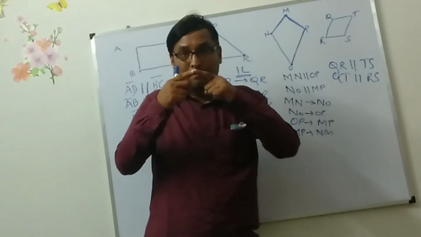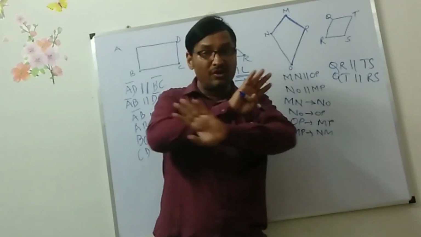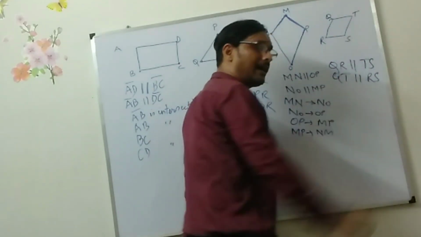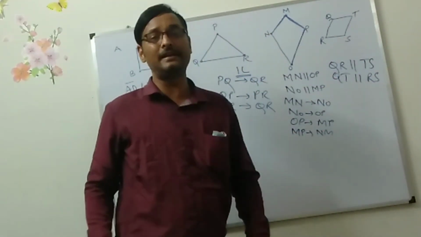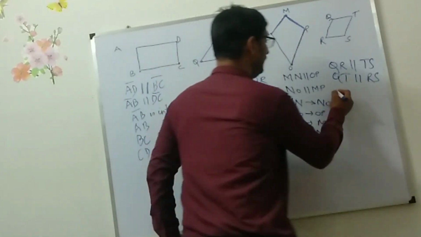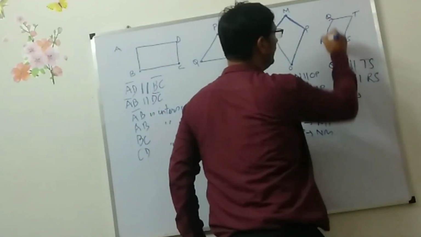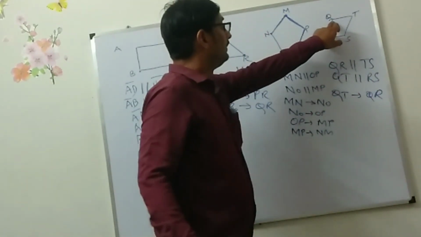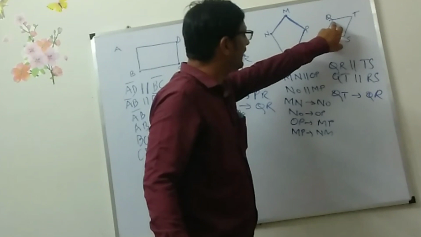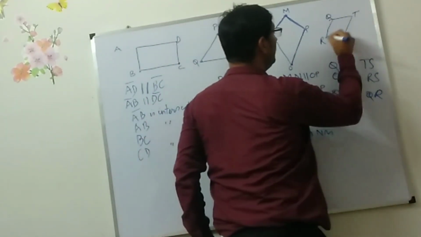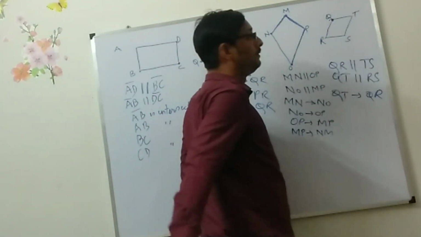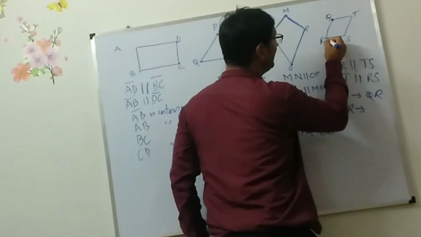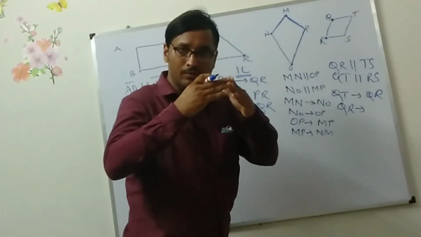And what about intersecting lines? Intersecting is where they are meeting. In parallel lines, they will never be meeting. QT is never meeting with RS. But in intersecting lines, they are meeting. So QT is meeting with what? With QR. Where do they meet? They meet each other at point Q. Same way, QR is meeting RS at point R. They are having one common point.